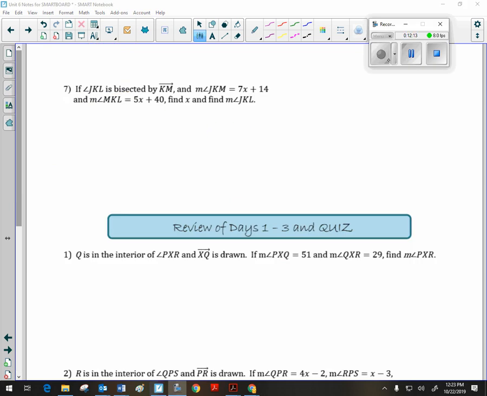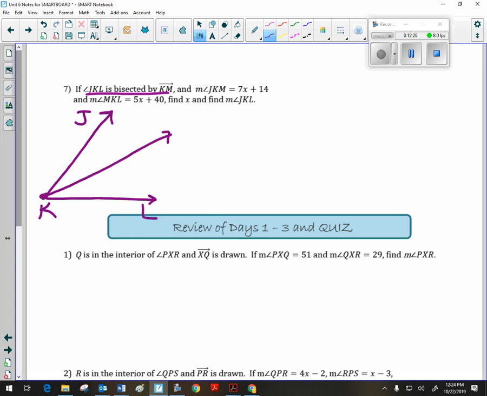Okay, we have one last question on the next page, and on this last question we have an angle being bisected. So here's my angle JKL that is being bisected by KM. JKM, 7x plus 14. MKL, 5x plus 40. In this case, what they gave me was 1/2 and the other half.